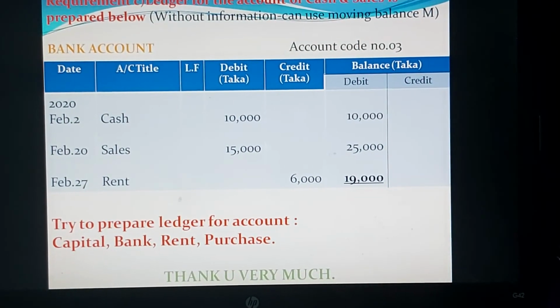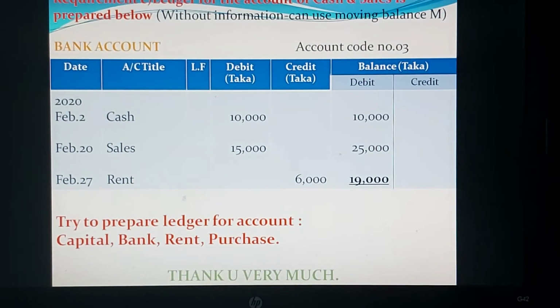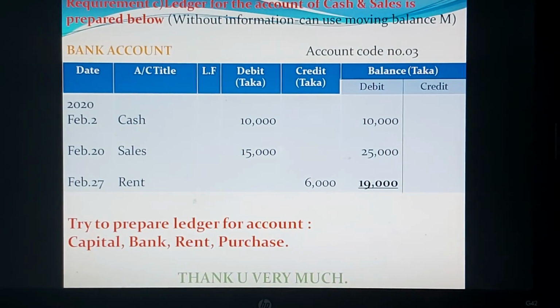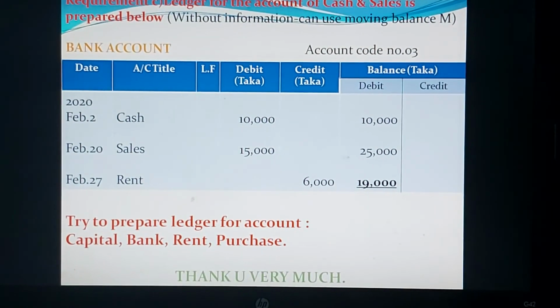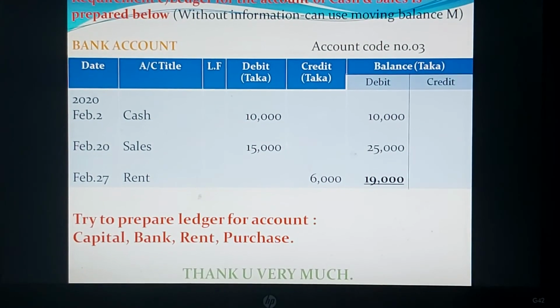Now, this is for you. Try to prepare ledger for accounts. Totally 4 accounts are given: capital account, bank account, rent expense account, purchase account.